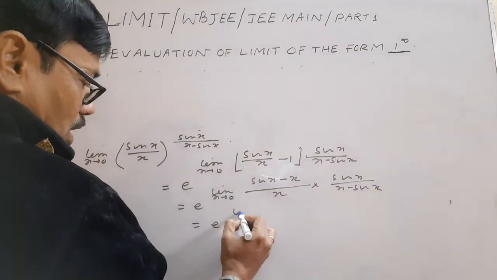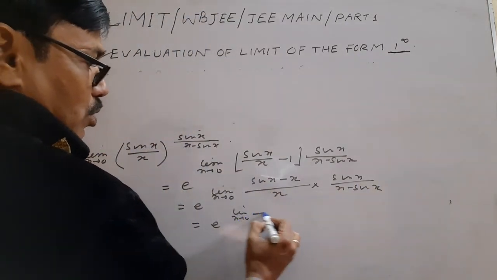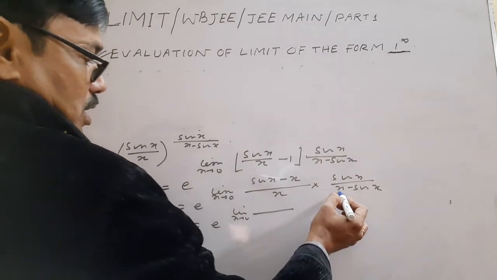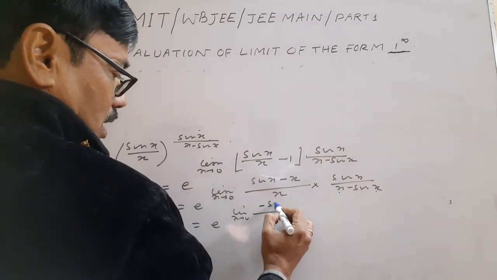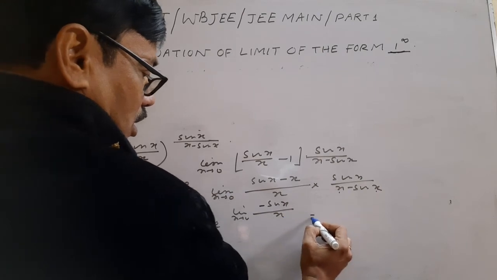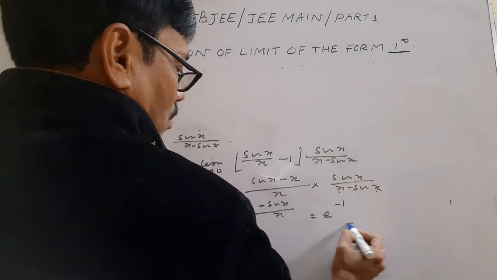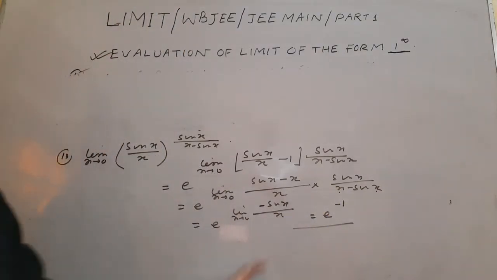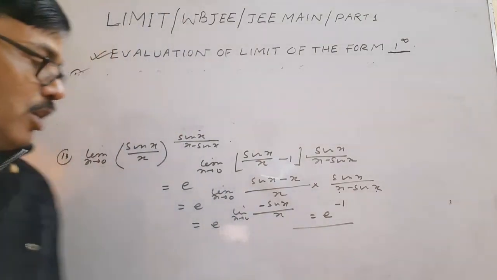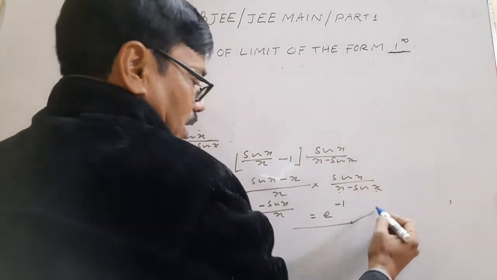So e to the power limit x tends to 0 of ((sin x minus x) by x) into (sin x by (x minus sin x)). So this is x minus sin x, so minus sin x by x. So e to the power minus 1, since sin x by x is 1. So e to the power minus 1.